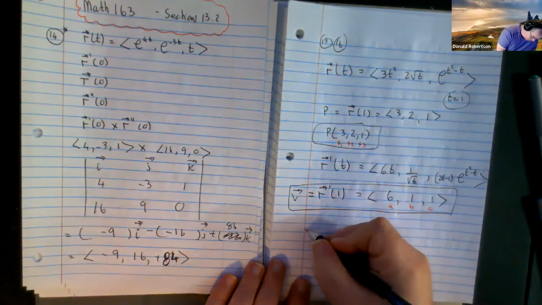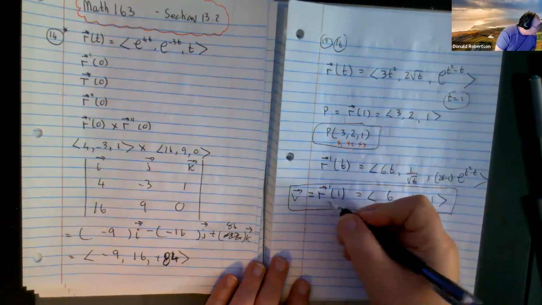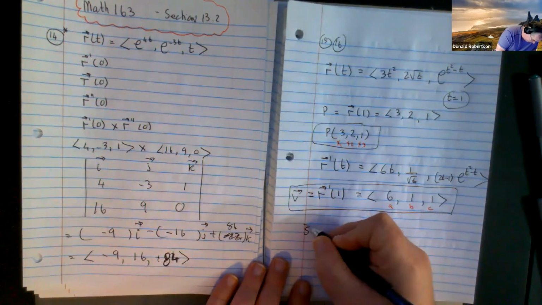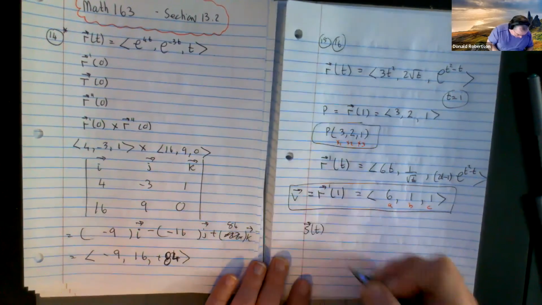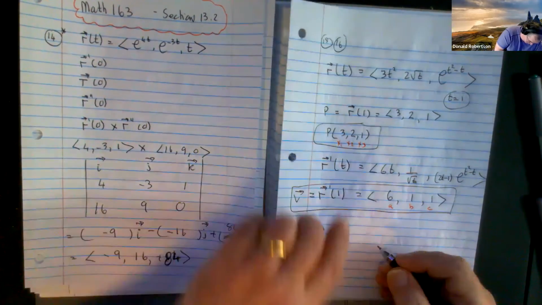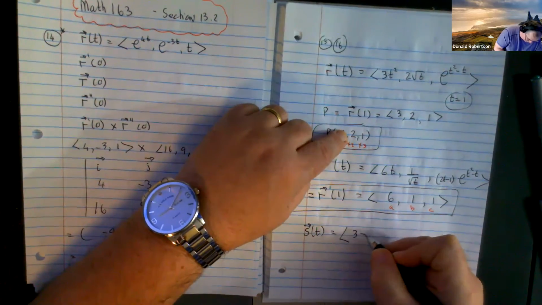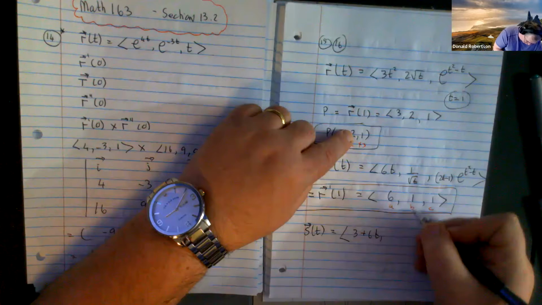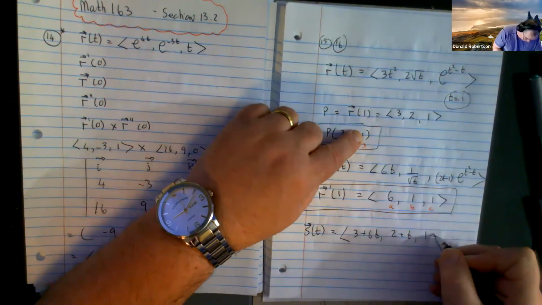Well, that's called R, so I don't know what I'm going to call this guy. I'm going to call him S. So the equation of the tangent line S of t is 3 plus 6t, 2 plus 1t, and 1 plus 1t.